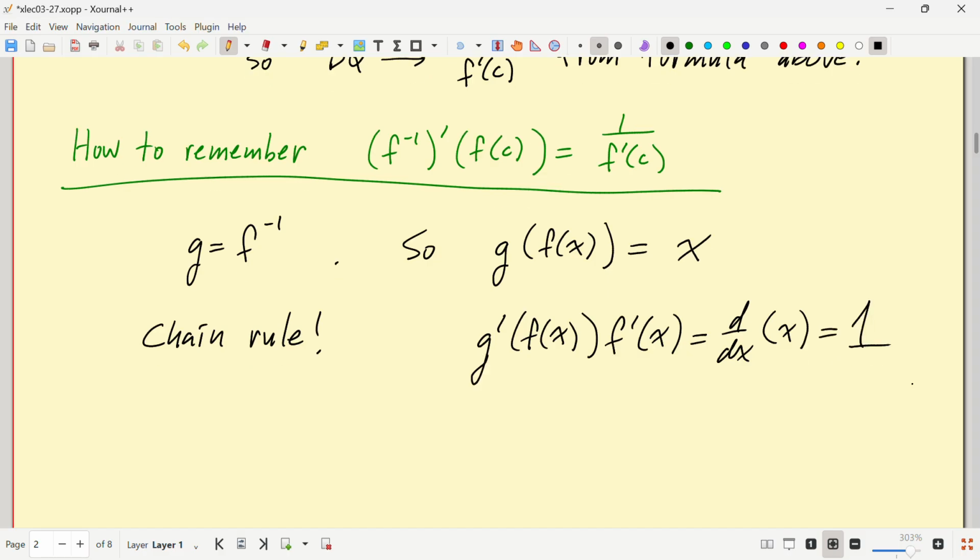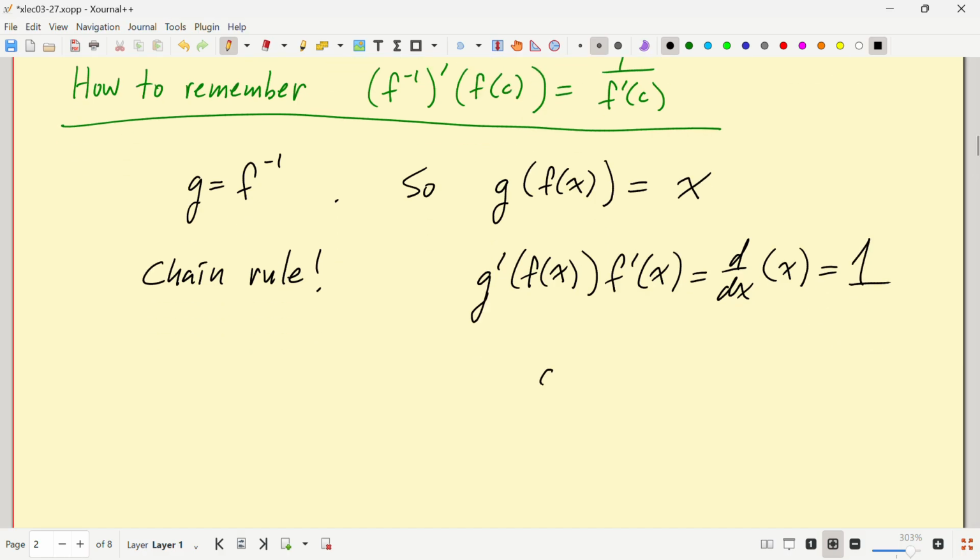And so I get the famous formula that g prime of f of x equals 1 over f prime of x. Check.